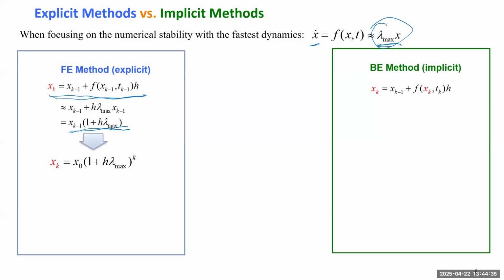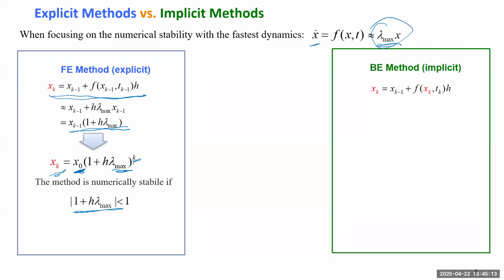We can easily prove that if we know the initial state and the fast dynamic, the state variable will be an exponential function of k. The k tells how many steps you have simulated for the system. If we want S_k to be bounded, which means the method is numerically stable, we hope this ratio has magnitude less than 1.